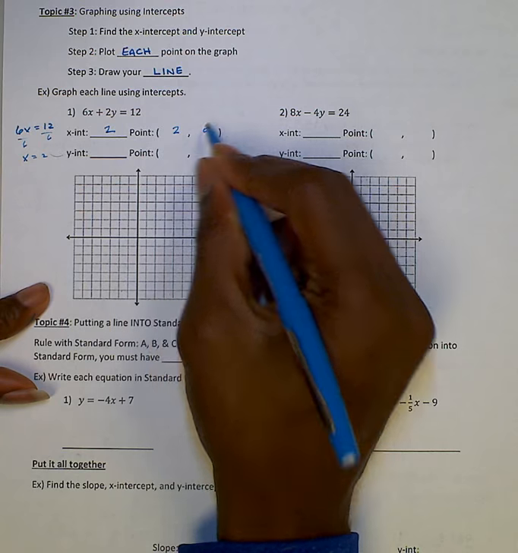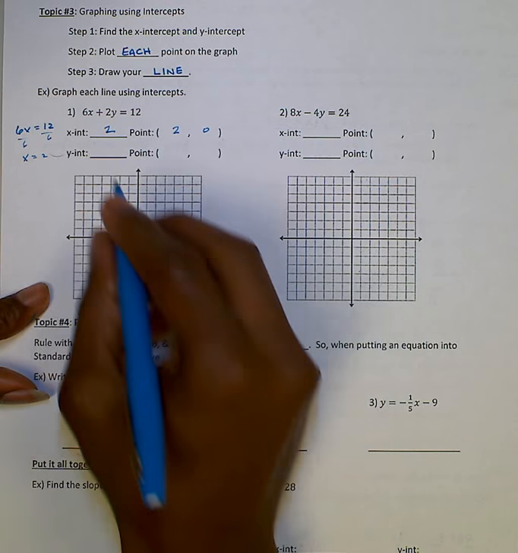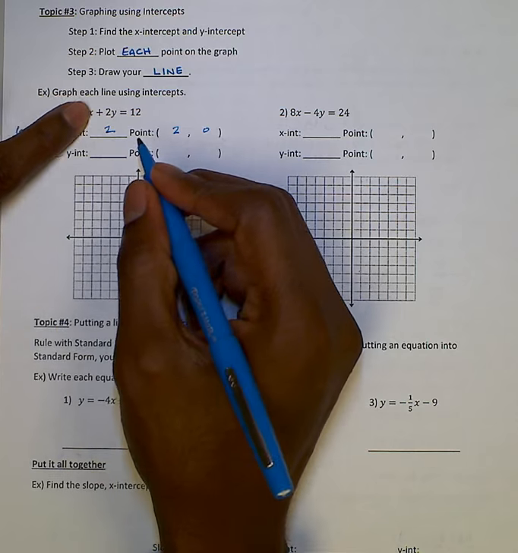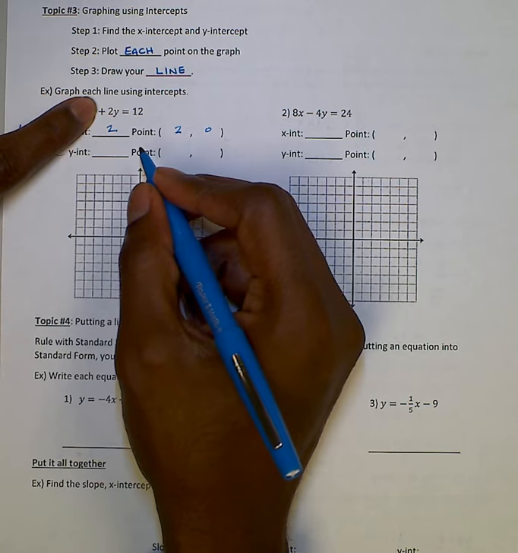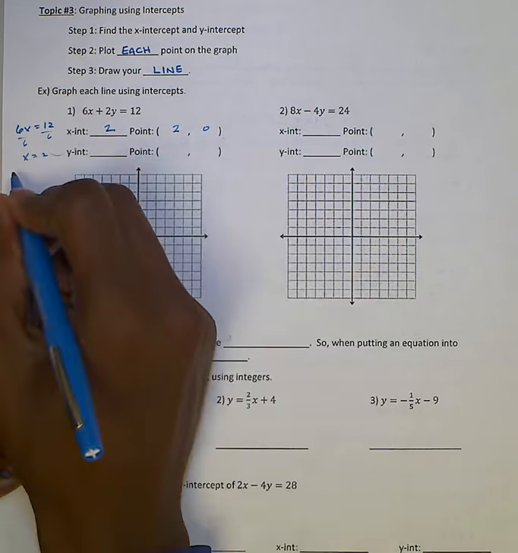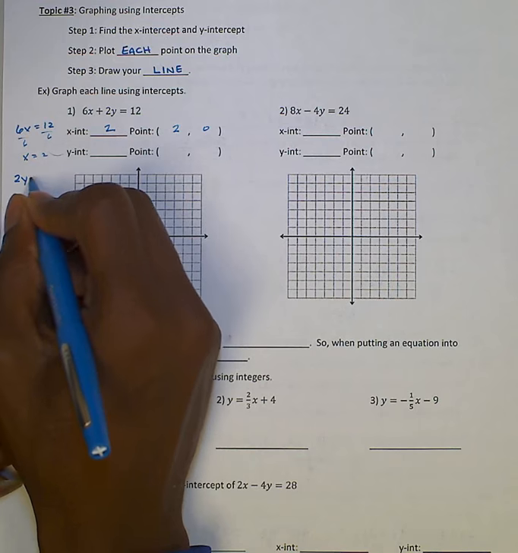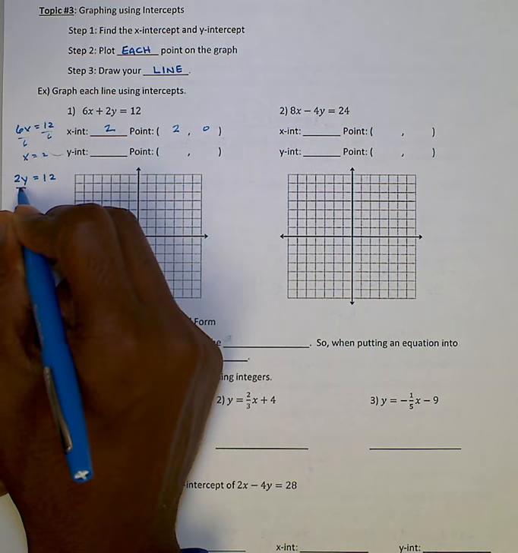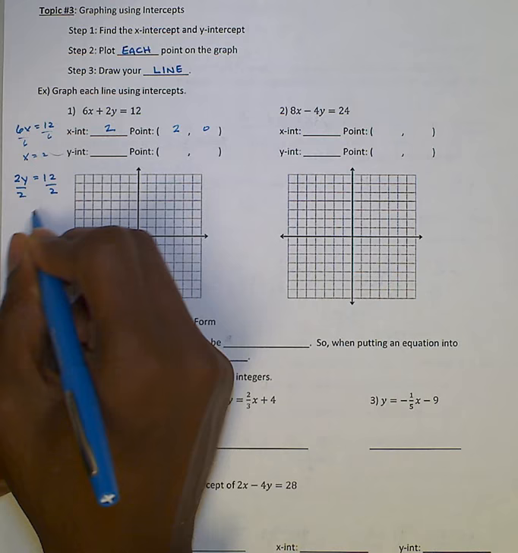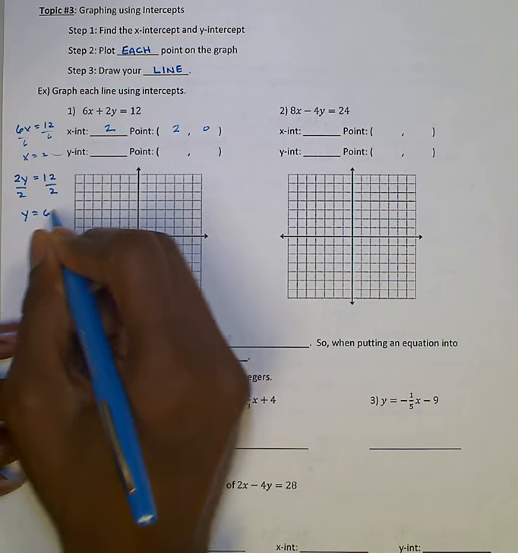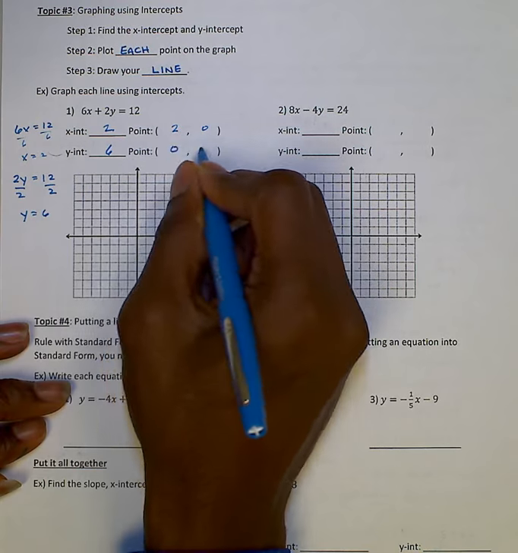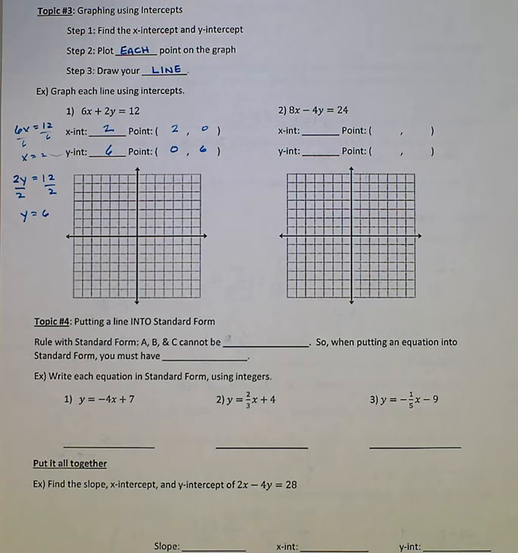I'm going to do the same thing for the y-intercept. Cover up the 6x. I have 2y equals 12. Divide by 2 to get y all the way by itself. y equals 6. Or 0, 6. Okay, so I found the x-intercept and the y-intercept as we did last time.